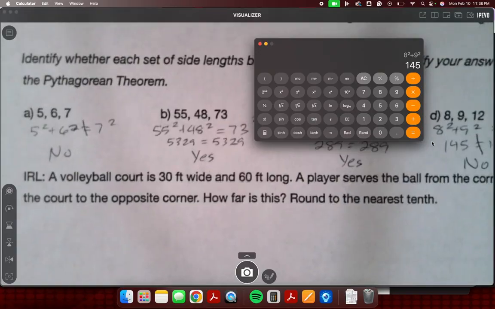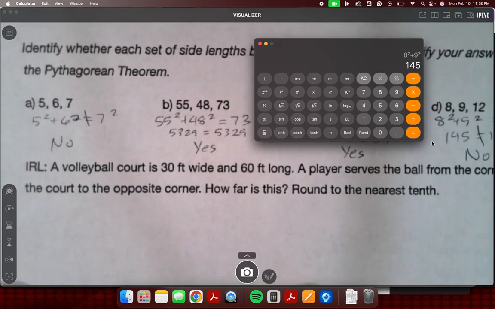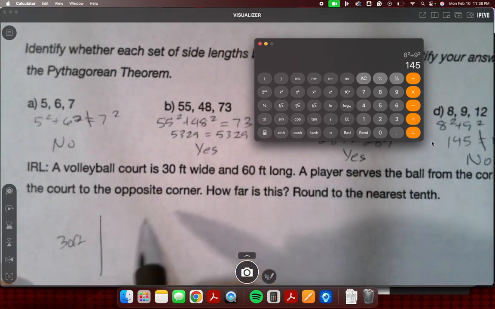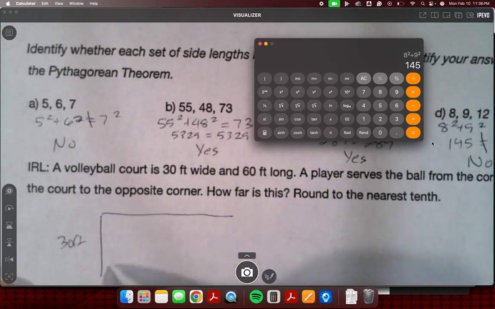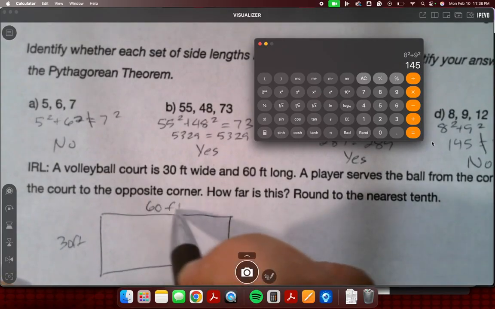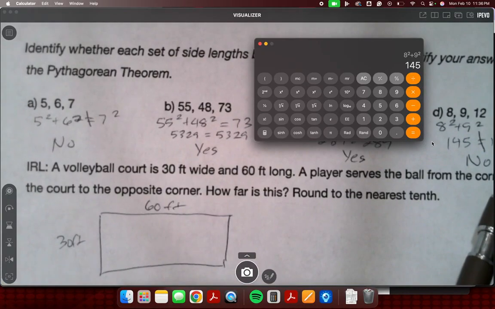Okay, final answer. A volleyball court is 30 feet wide and 60 feet long. And notice how the first thing I did was I drew a picture because I wanted to make sure I knew what was going on and could see and interpret things correctly.